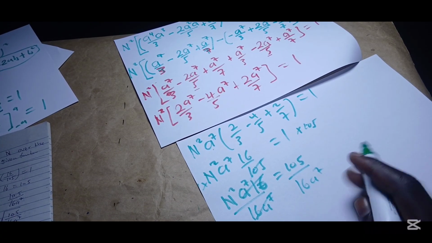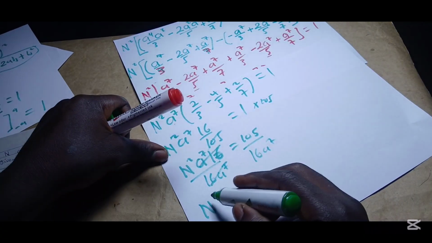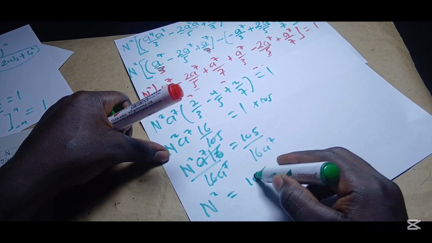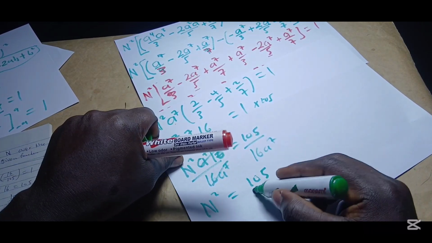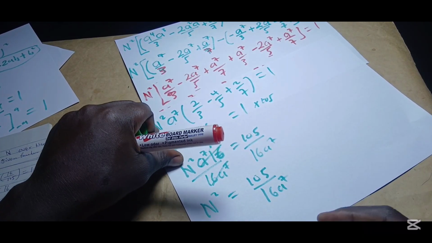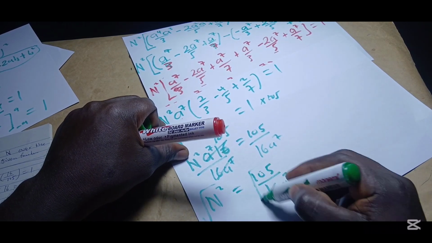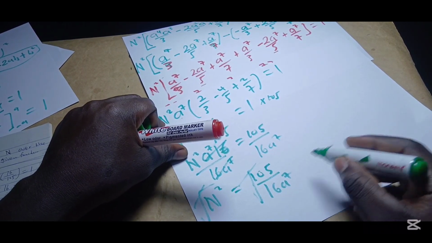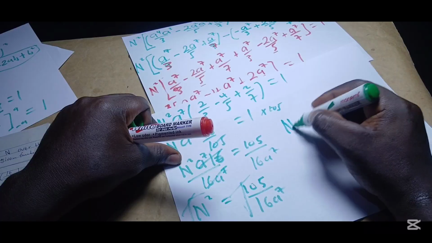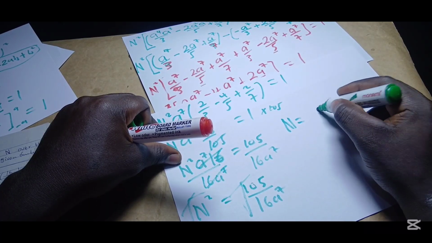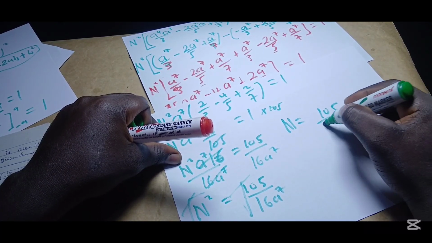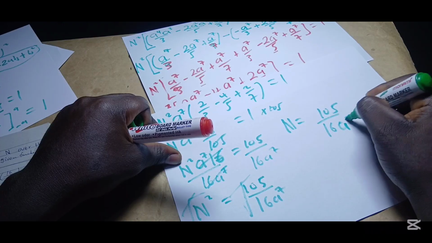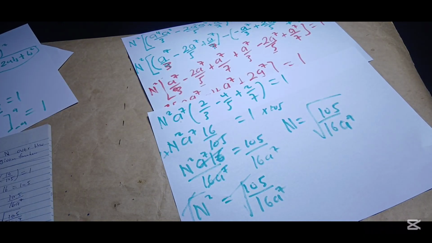And then we are going to get n squared equal 105 all over 16a to the power 7. Taking the square root of it will cancel out the square, and our n, the normalization constant, is going to be the square root of 105 all over 16a to the power 7.